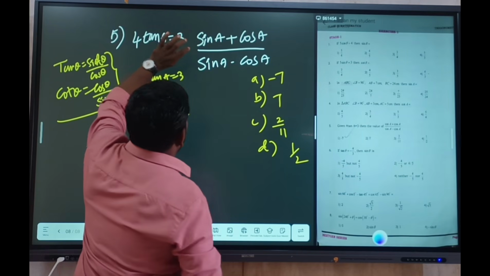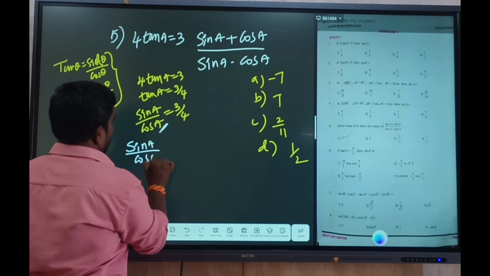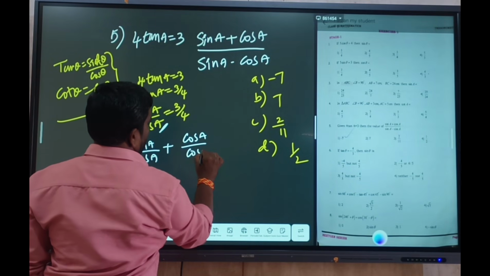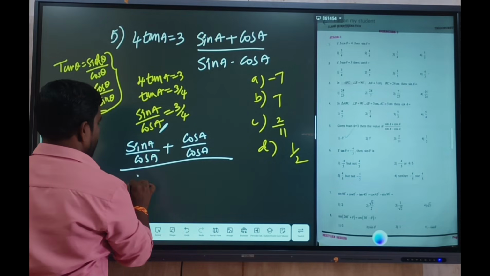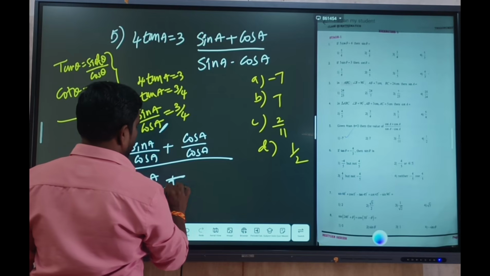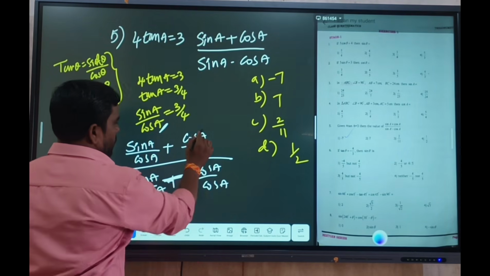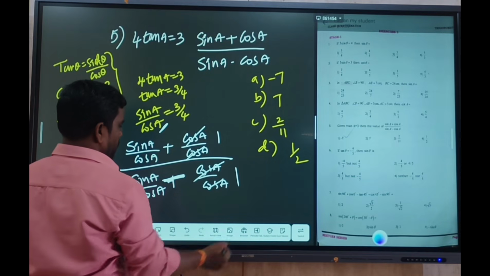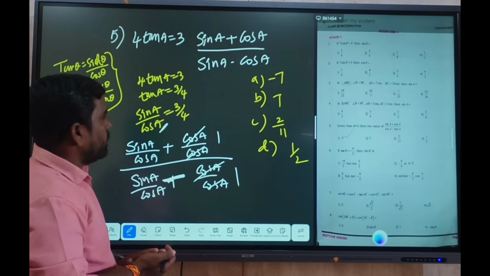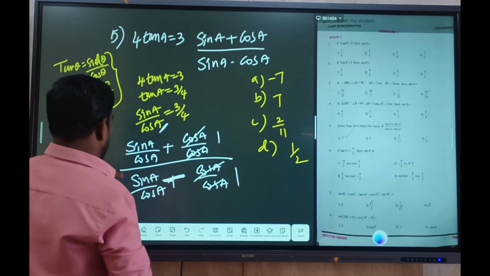So sin A by cos A plus cos A by cos A, divided by sin A by cos A minus cos A by cos A. Cos A by cos A cancels, giving 1 in both places. Sin A by cos A value is 3 by 4.